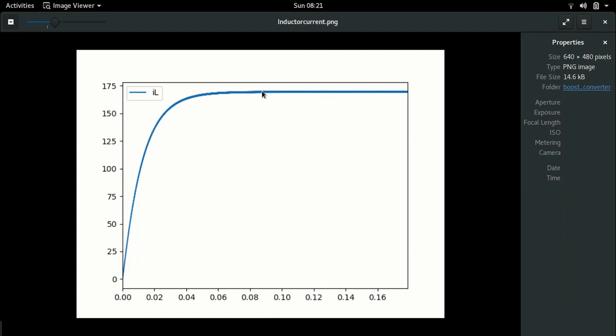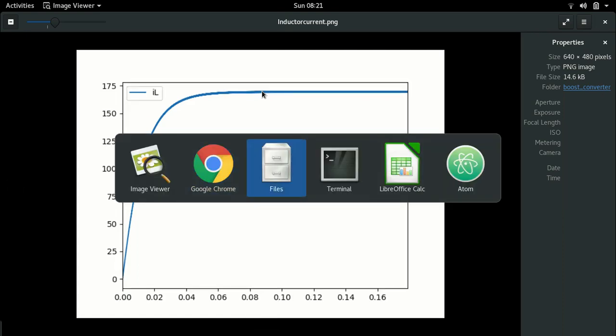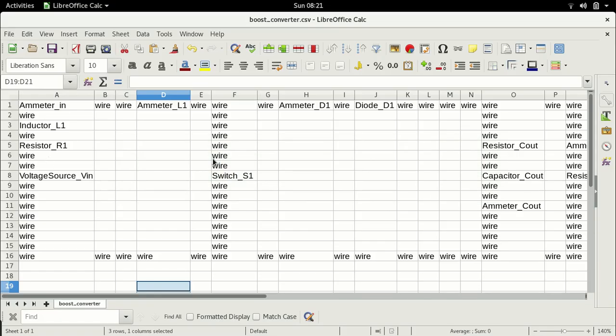Now, let's go back once and have a look at the circuit. As I said, when this switch is turned on, the voltage source charges this inductor. Well, when you say charges, it actually builds up the magnetic field in this inductor because the current gradually increases from 0 to whatever value, right? And later, this inductor and this voltage source are then feeding the output capacitor when the switch is turned off.